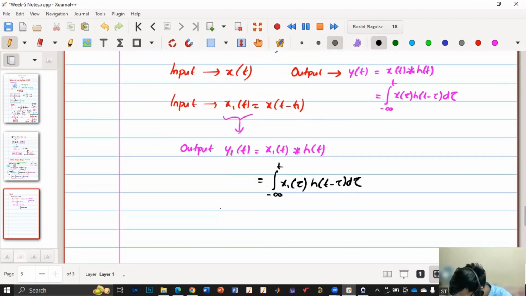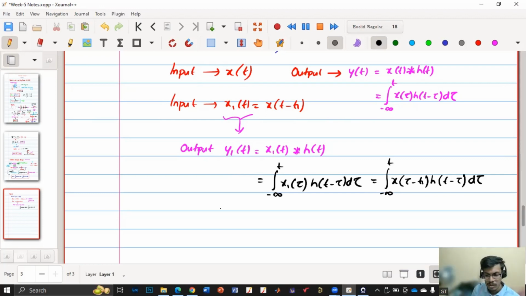So x1 of tau is x of tau minus t1, so the integral is x of tau minus t1 times h of t minus tau d tau. Isn't it? Do you agree until this point? I have just replaced using this equation, so x1 of tau is x of tau minus t1.